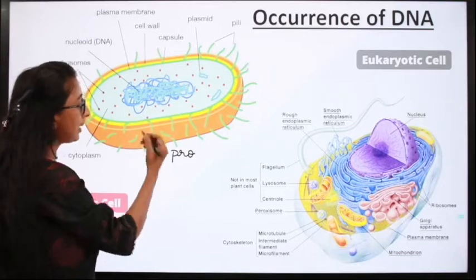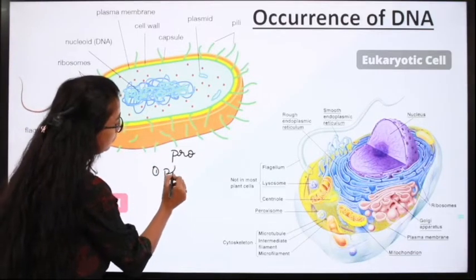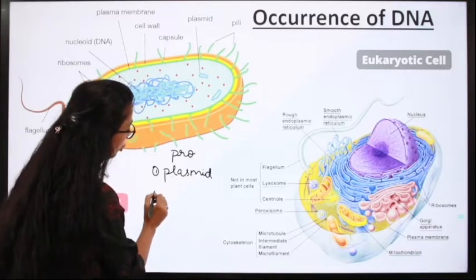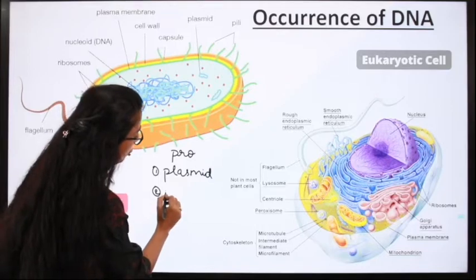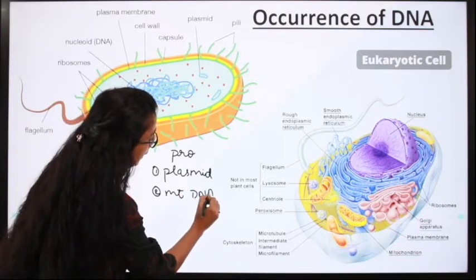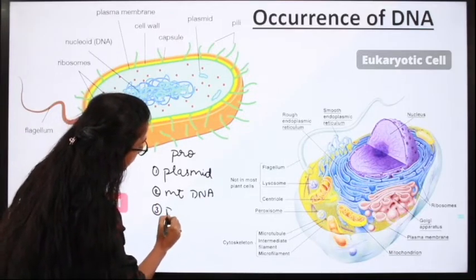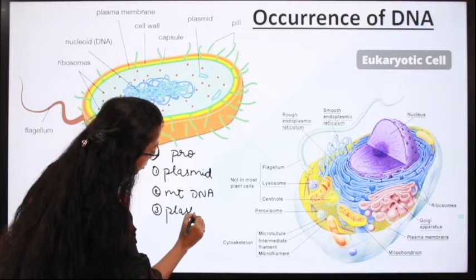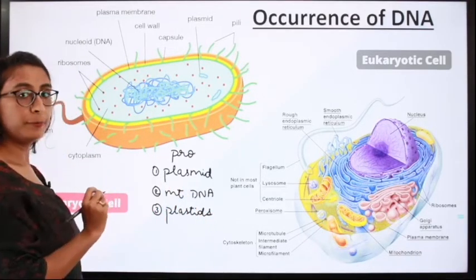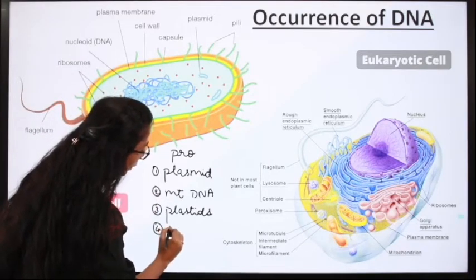And the answer options can be: first one can be plasmid, the second option can be mitochondrial DNA, the third option can be plastids, okay, and the fourth option can be all of the above.